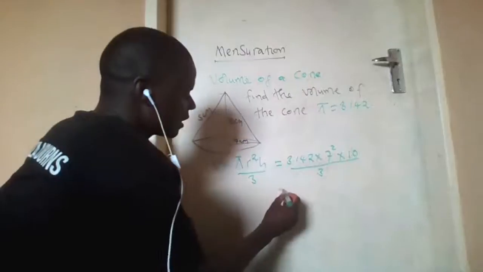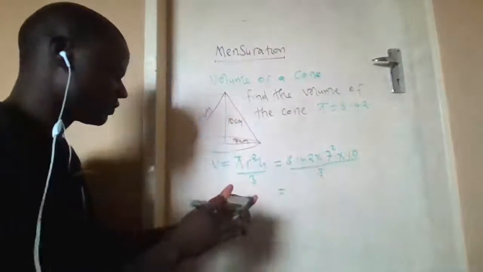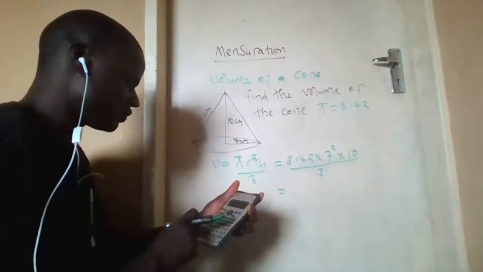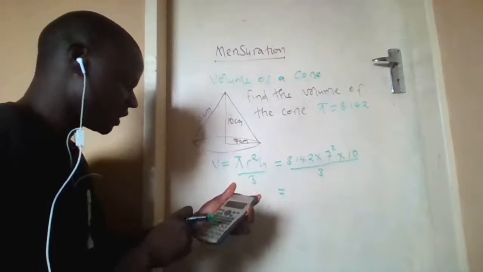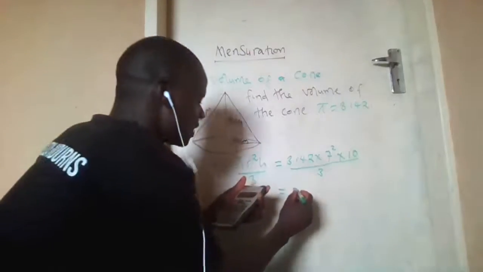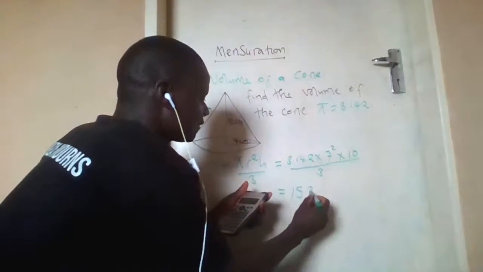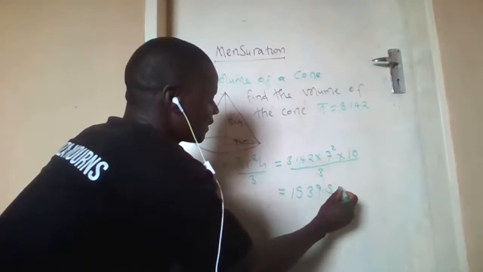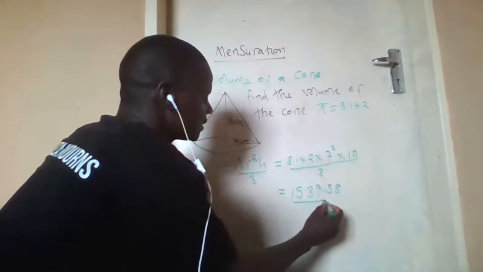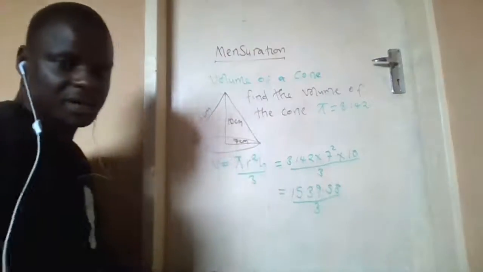Then we say, what is 3.142? We're going to say 3.142 times 7 times 7 times 10 to give us 1,539.858. That is divided by 3.